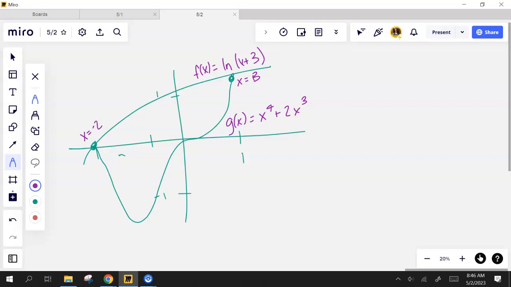So let's do log x plus 3, and then let's do x to the fourth plus 2x cubed. All right, I'm going to zoom standard here, see what's going on.